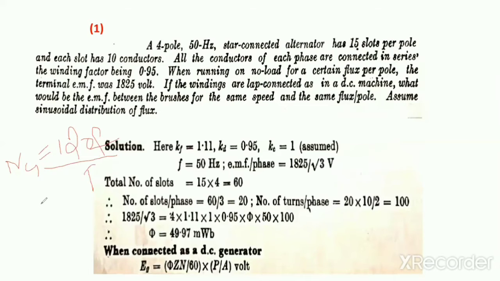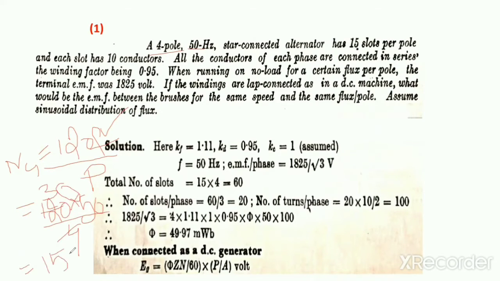Then we easily calculate the synchronous speed: Ns is equal to 120 into 50 Hz by 4 poles. Then we obtain 1500, that is the speed.